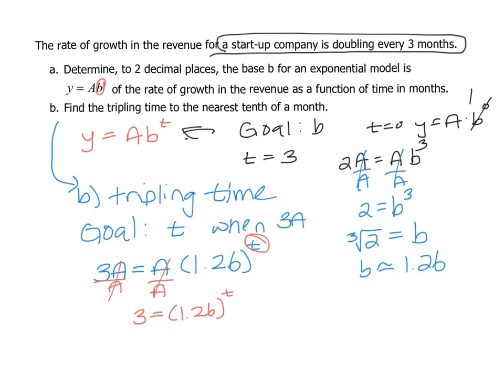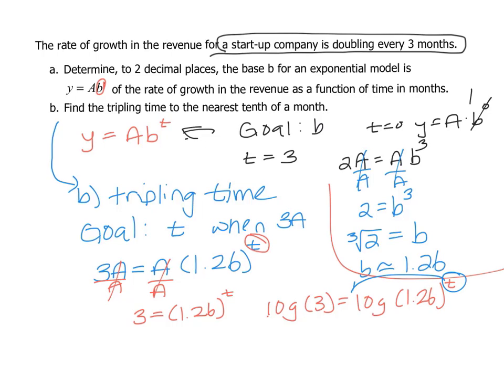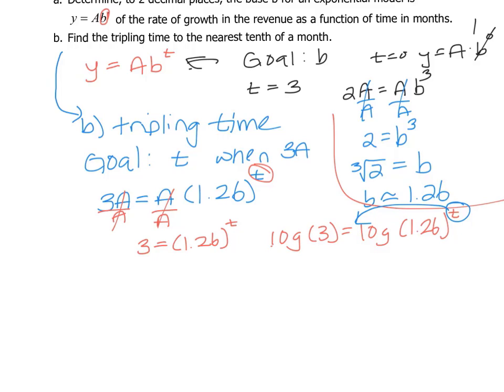I'm logging both sides, so I'm going to have, let's use common log this time, log of 3 equals log of 1.26 to the t. This exponent can come down in front and become the coefficient. So I'm going to have log of 3 is t log of 1.26.